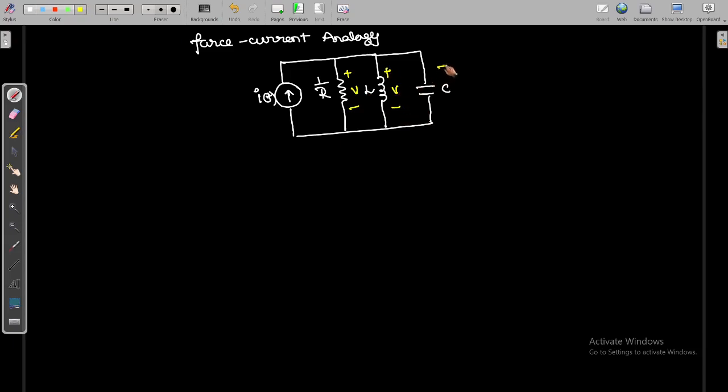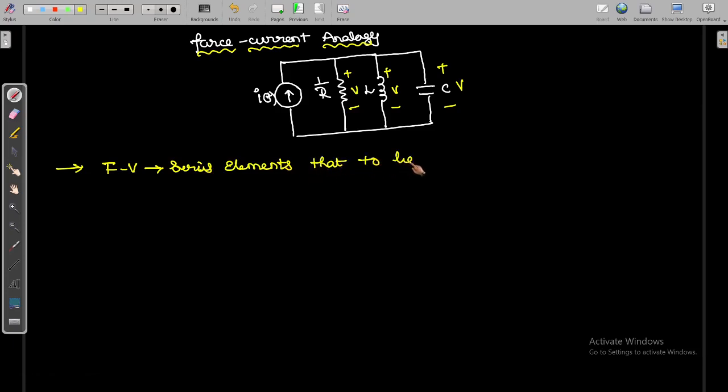So if you observe this force current analogy and force voltage analogy, there is one keynote you can observe. Whatever elements you have connected in series in the force voltage analogy, that has to be connected in parallel in the force current analogy.